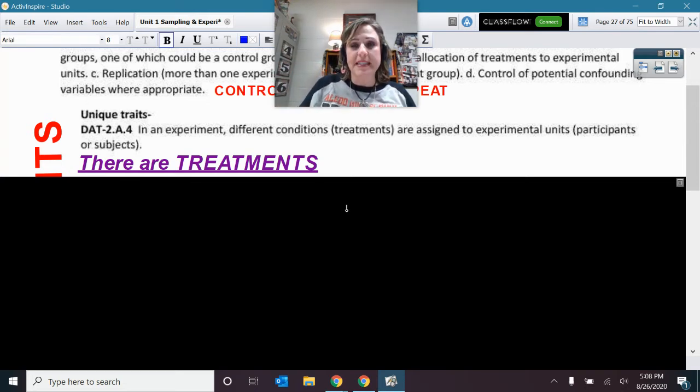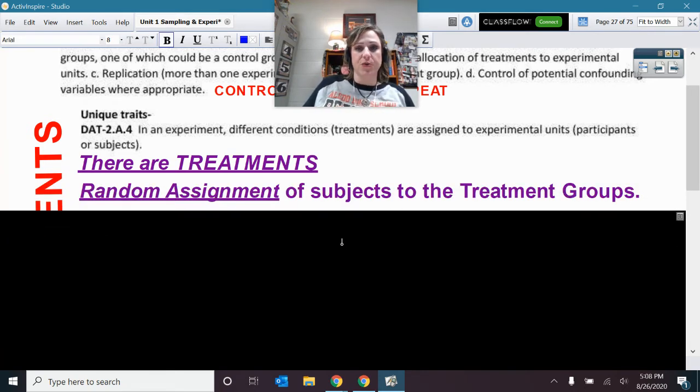That's the defining characteristic of experiments. Plus, the other defining characteristic is that subjects have to be randomly assigned to those treatment groups. You put them in a bag, shake well to randomize them, and then pull out the ones to go to that treatment, and that treatment.